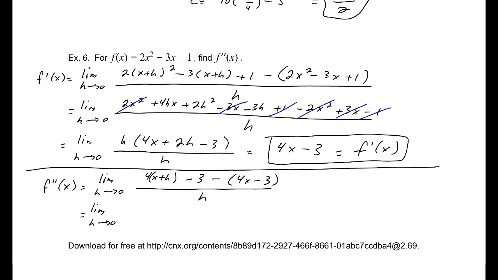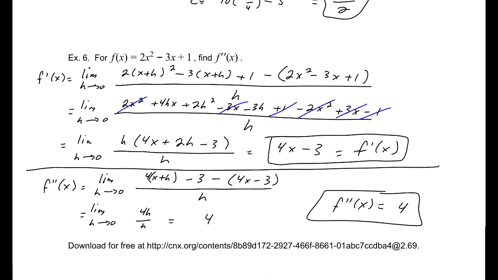Okay, well, that'll be a 4x and a 4x. Those cancel out. So we get a 4h, and actually the 3 cancels out, 4h over h, and so our limit is going to be, once those cancel out, 4. So f double prime of x equals 4. Now that should make some sense, because once we have the function 4x minus 3, the slope of that function is 4 everywhere because it's a linear function.